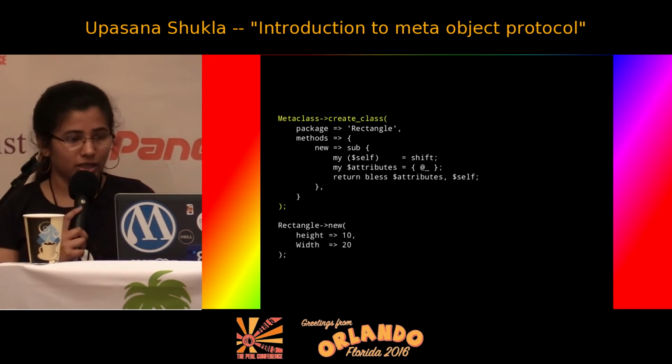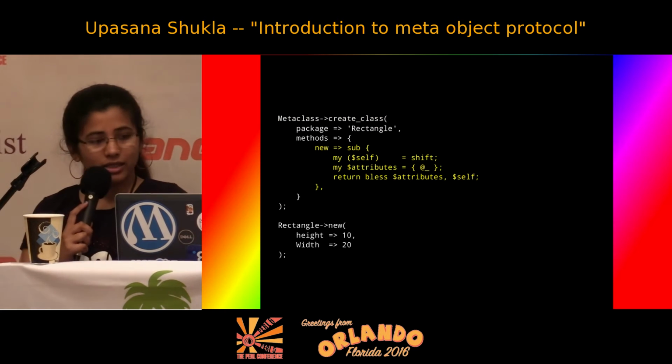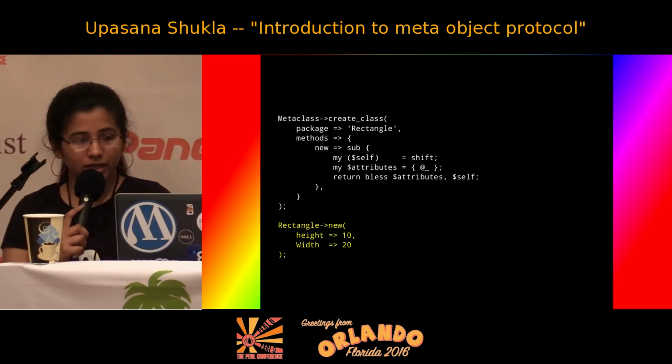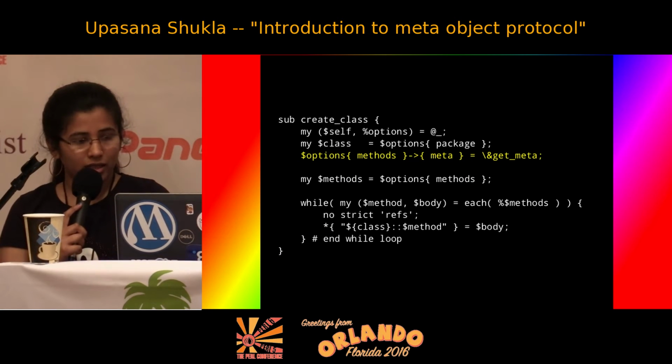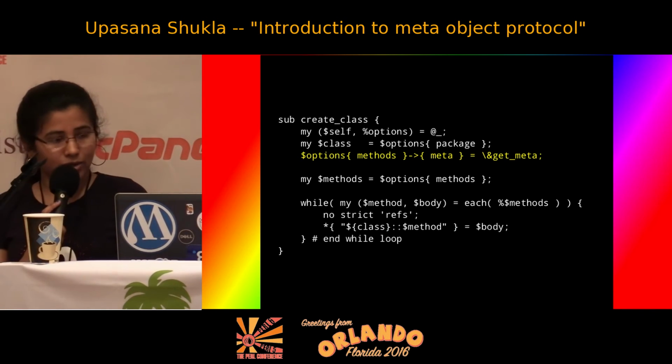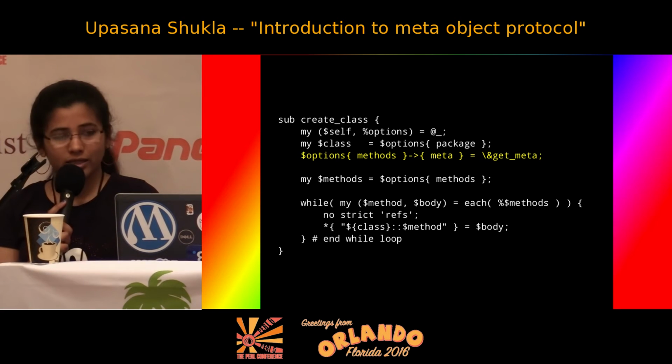And I can do this. I can create a class called rectangle. I'm just passing the constructor method here. And it works. But there's not yet a way to get the meta class of my class rectangle.